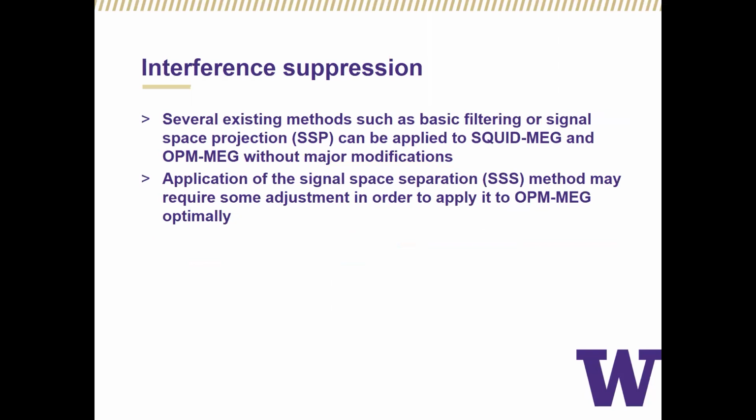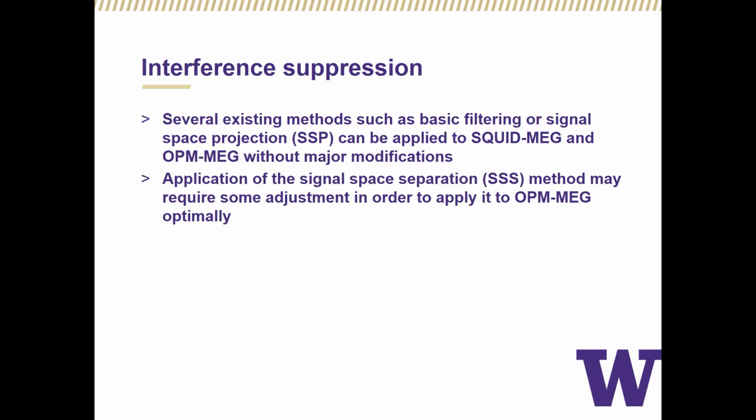So when it comes to noise suppression, there are lots of methods that apply similarly to OPMs and SQUID MEG, like obviously some basic filtering. Many applications of signal space projection as well. But the signal space separation method is something that we need to rethink a little bit.